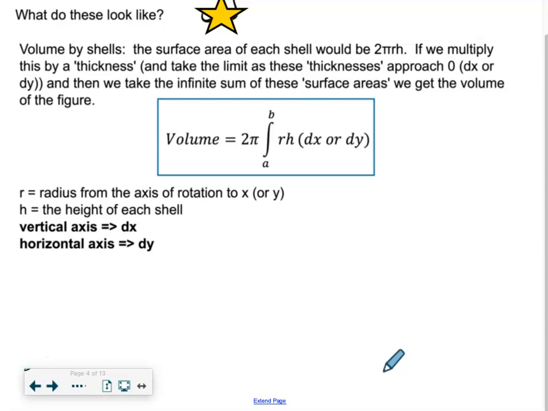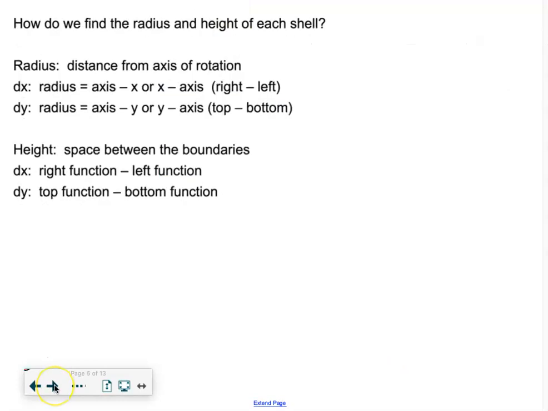It's what we've been doing all along. Go ahead and write this down if you want to. It's just me adding more information about radius and height. For our first example, we're not going to find any volumes at all. All we're going to do is learn how to find the radius and the height. And once you learn how to find the radius and how to find the height, then you can do shell on your sleeve.